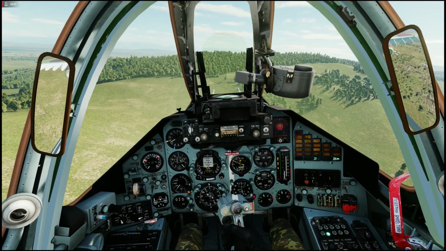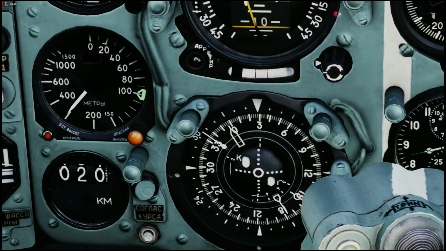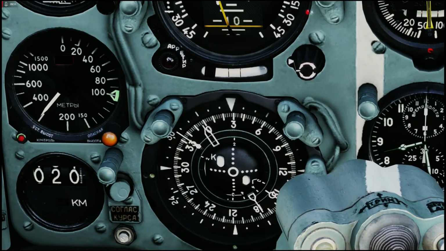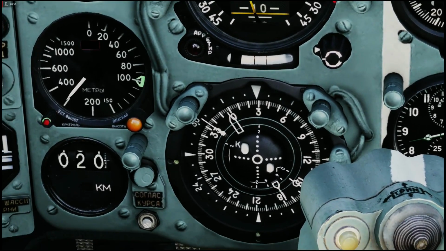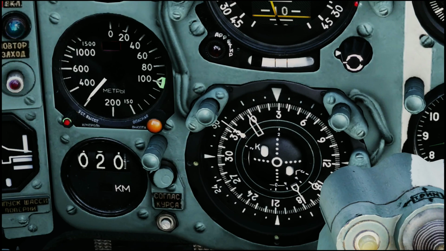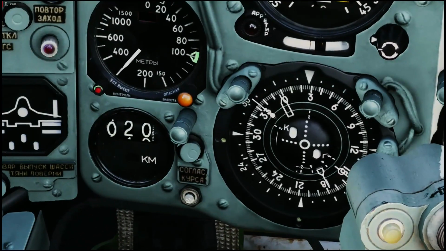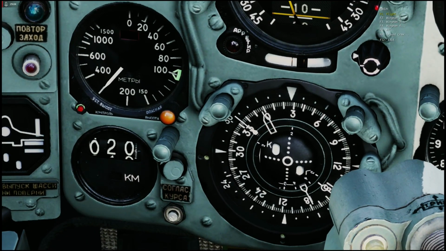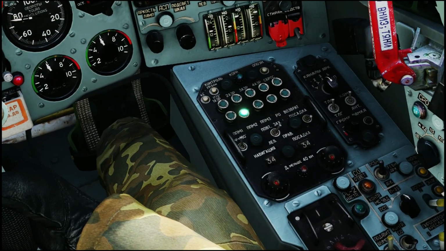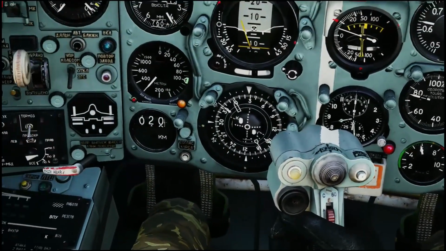As you can see now, on the HSI, the bearing needle, this one, is pointing directly to steer point 2.